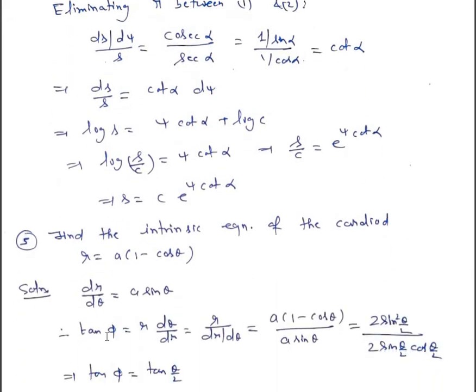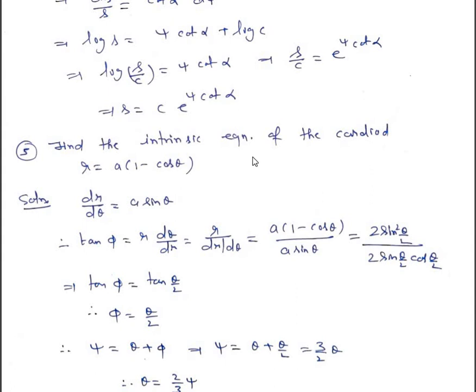Now let's take the last example. Find the intrinsic equation of the cardioid r is equal to a into 1 minus cos theta. Now r is equal to a into 1 minus cos theta, so therefore dr upon d theta is a sin theta. Now tan phi is r d theta upon dr, which is r upon dr upon d theta.